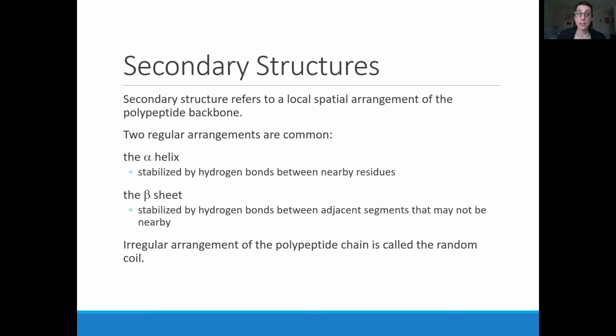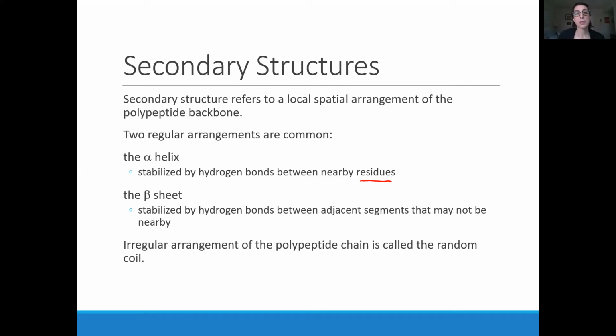The alpha helix is stabilized by hydrogen bonds between nearby amino acids, or residues. We'll use this word residues to describe an amino acid within a peptide chain. Beta sheets are also stabilized by hydrogen bonds. So here's the key thing, both of them are stabilized by hydrogen bonds.